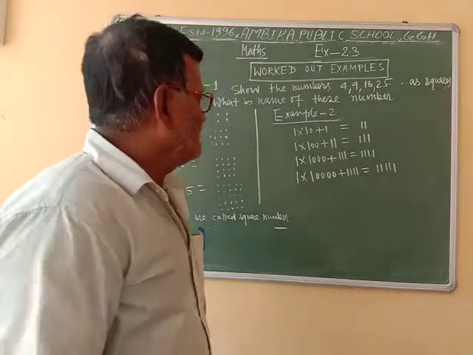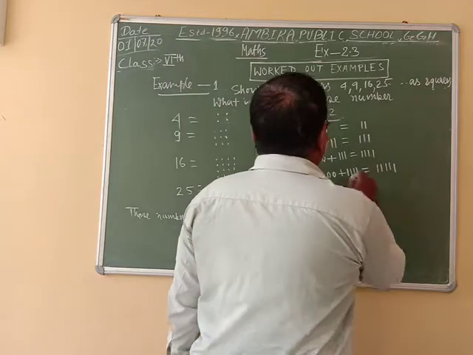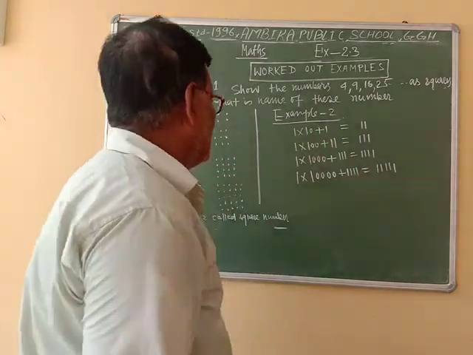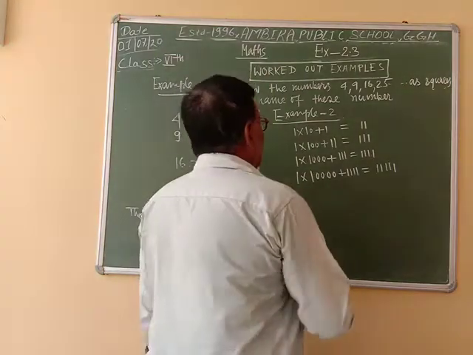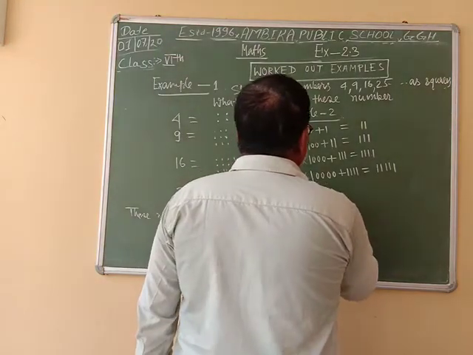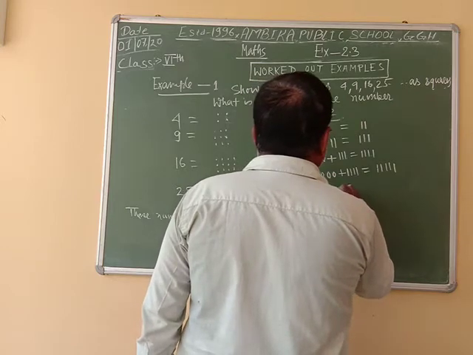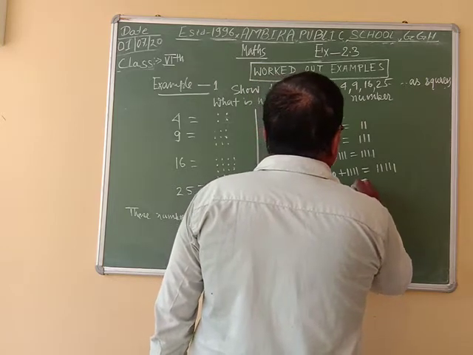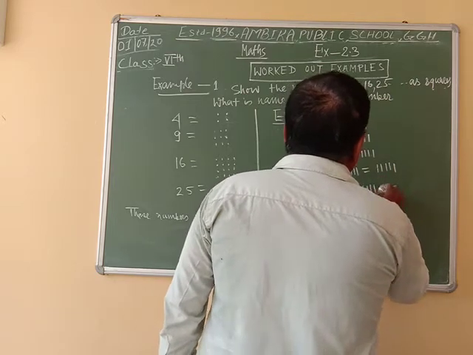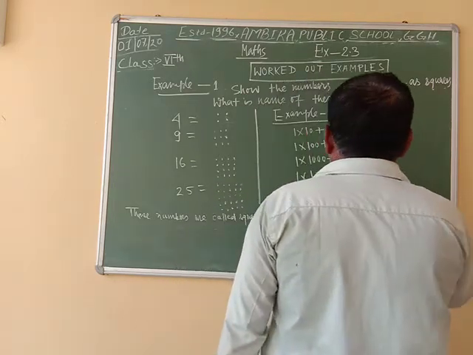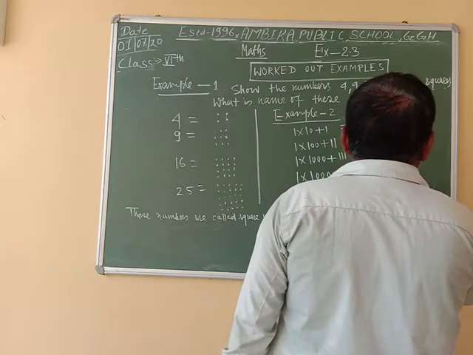So according to the given pattern, you can fill in the blanks with the appropriate digit. And similarly, 1 into 1 lakh plus 1 is equal to 111111.